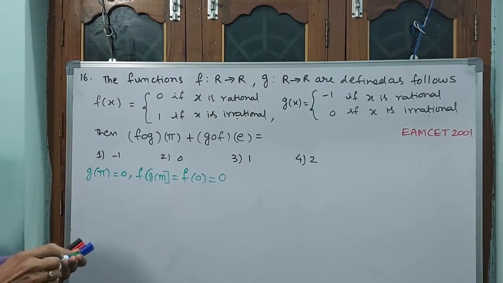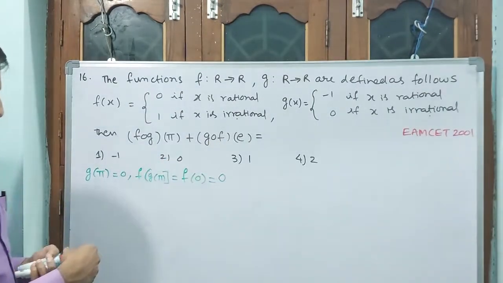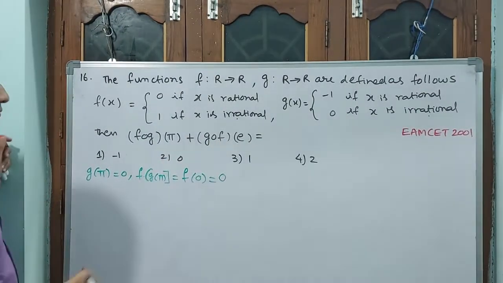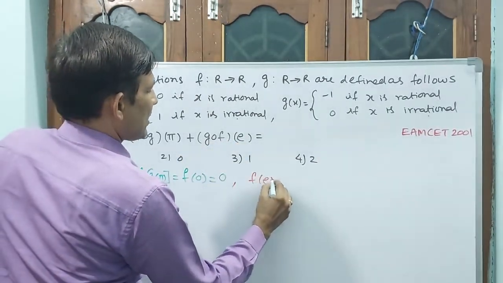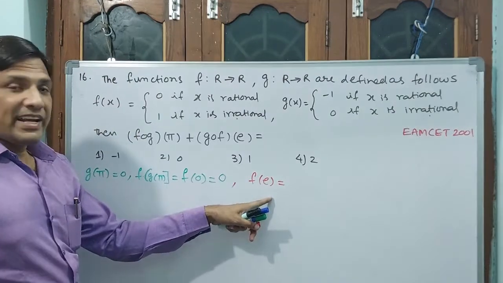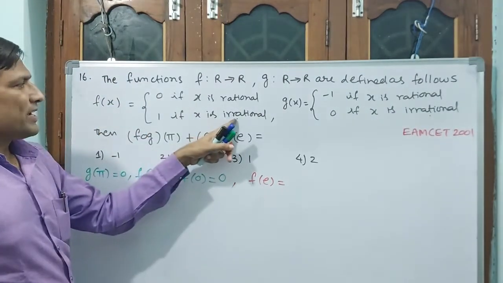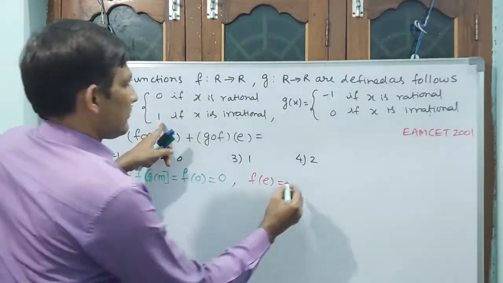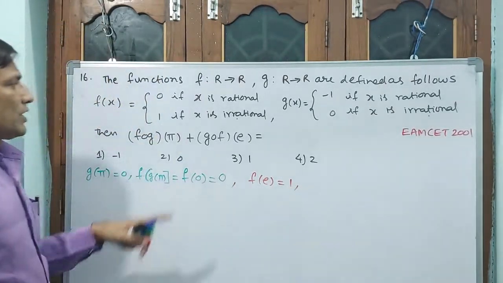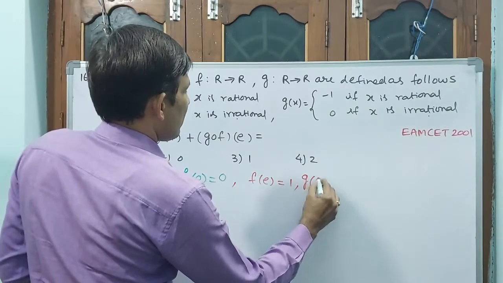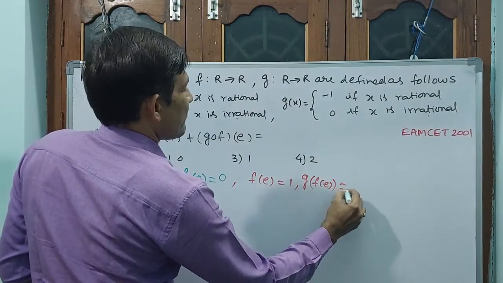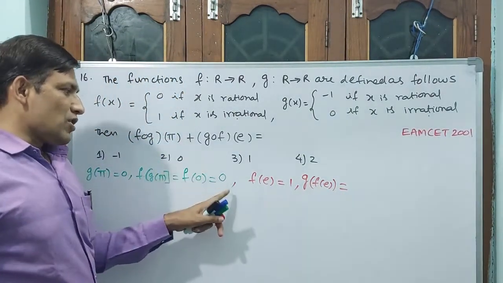This case is over. Then you go for g of f of e. e is an irrational number, and in f, if you give an irrational number, 1 will come. So g of f of e, that means g of 1.